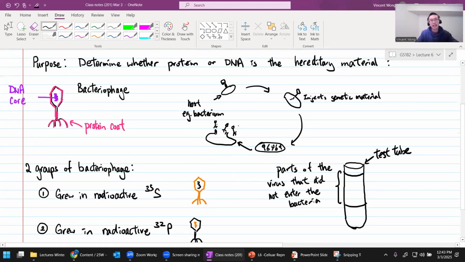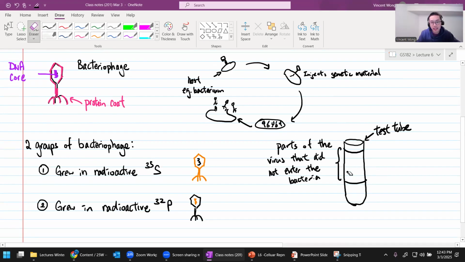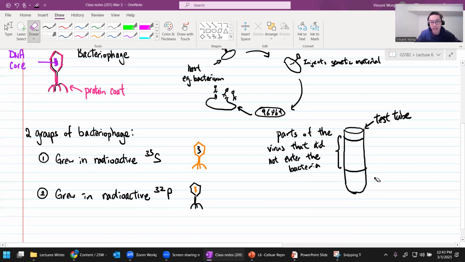Okay, remember, they're going to inject something, and then part of the virus is going to stay outside. And when you spin it at really, really high speed, the virus is detached from the bacteria, and it's going to be at this top portion of the mixture when you spin it down.